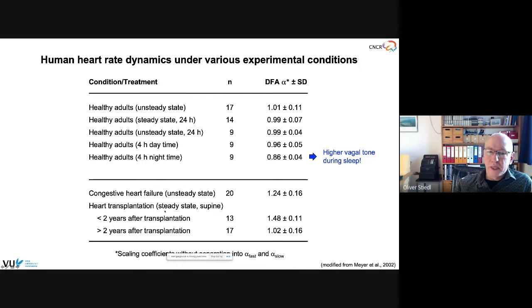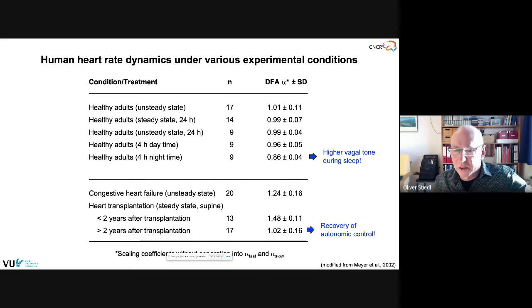And if you have a complete heart transplantation, meaning the neuroautonomic control is gone, you have Brownian-like noise. And we know that there is recovery longer after transplantation, where there seems a return of neuroautonomic control occurring. Actually, we have also data from another clinic where this does not occur, despite the fact that theoretically the surgery is done the same way.